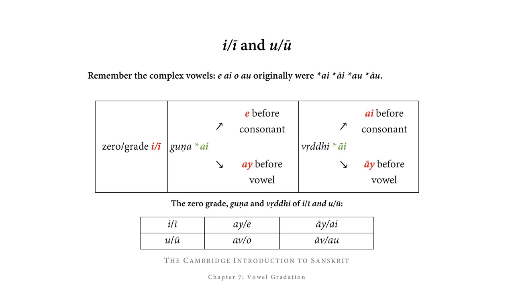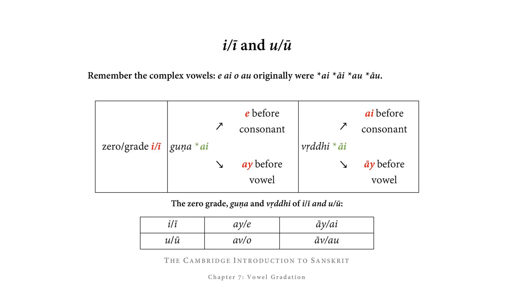In the case of u, we have the exact same situation, except that in guna, where we add a in front of this simple vowel u, the guna results in au. Before a consonant, the au changes into o, and in front of a vowel, the u again changes into its semi-vowel equivalent, but that semi-vowel equivalent is v.